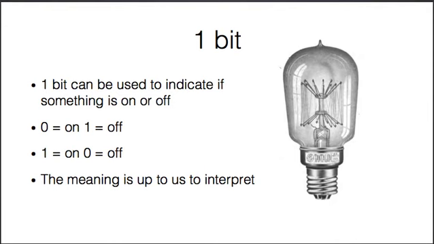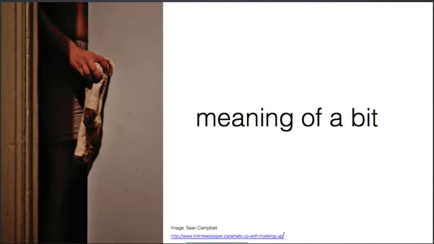That's what this module is about: how we organize bits to put meaning on them. But that meaning is completely arbitrary. We just make it up, and then we agree that that's how we're going to do it. A bit can express one of two states; what they mean is up to us.